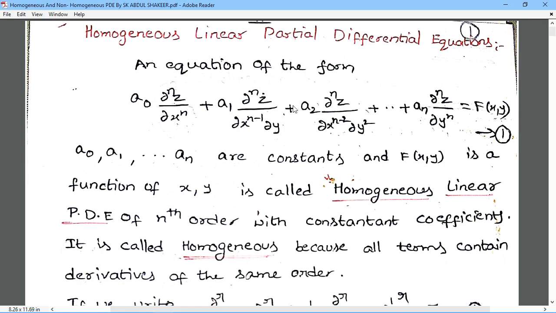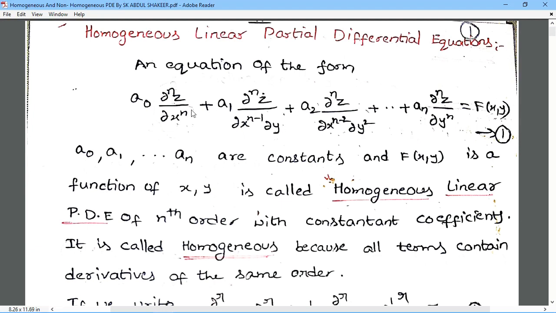This is called a homogeneous linear partial DE of nth order with constant coefficients, because all the terms have partial derivatives of the same order, so the order of the derivative in each term is n.